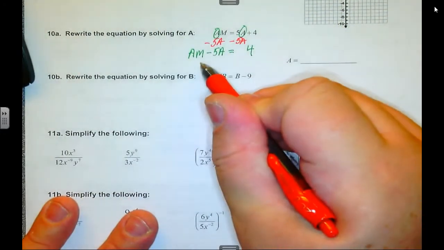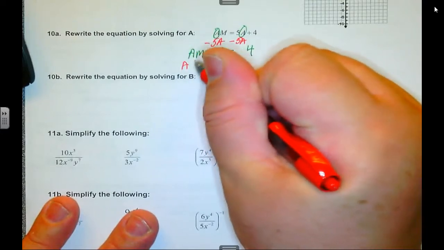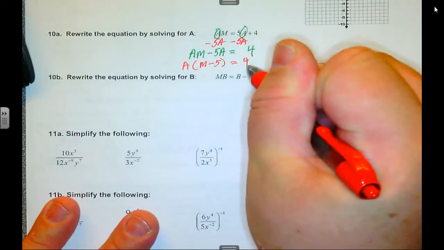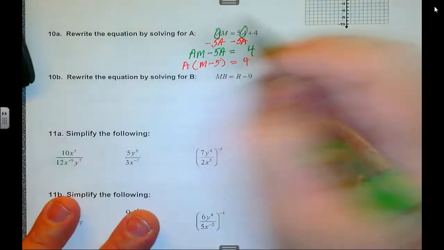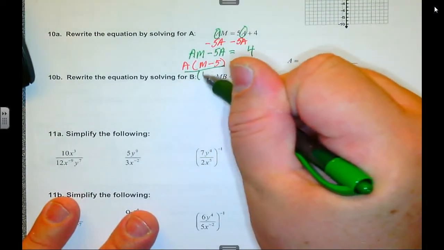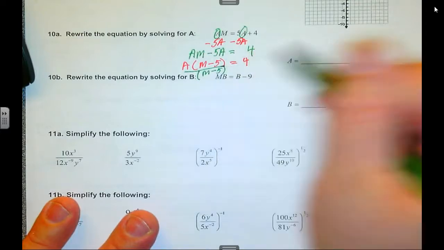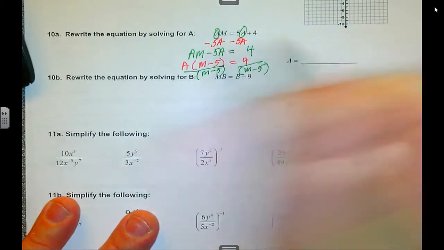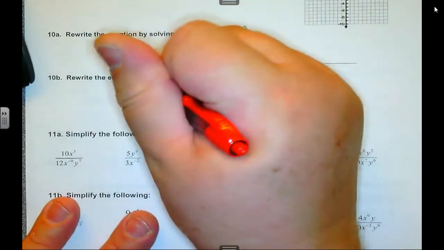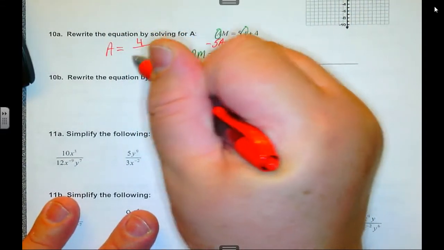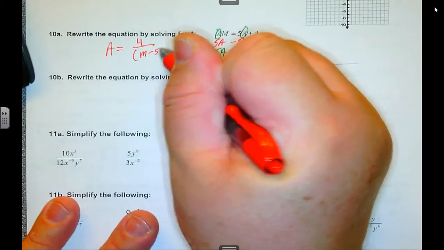I'm going to factor out the common factor A. And I get A times M minus 5 equals 4. Now I can get A by itself. Just divide everything by what I don't want, M minus 5. And my answer is A equals 4 divided by M minus 5.